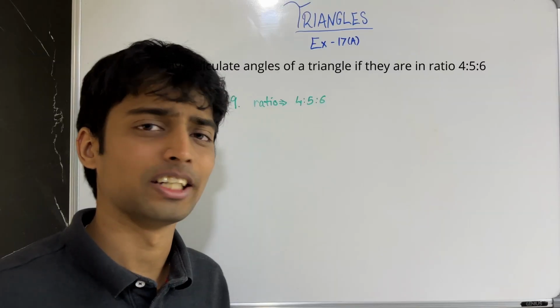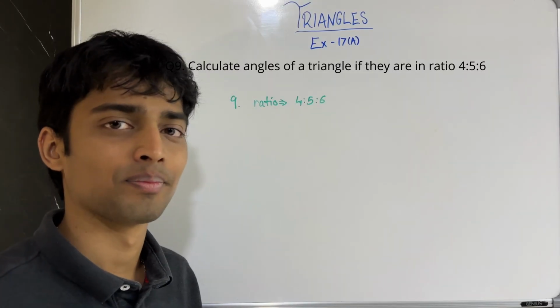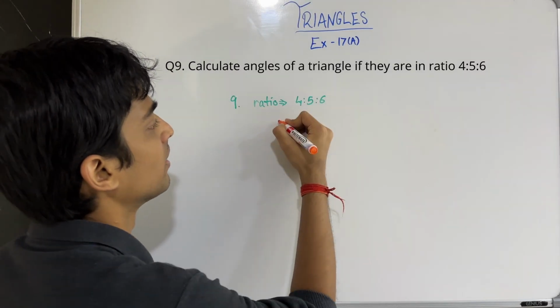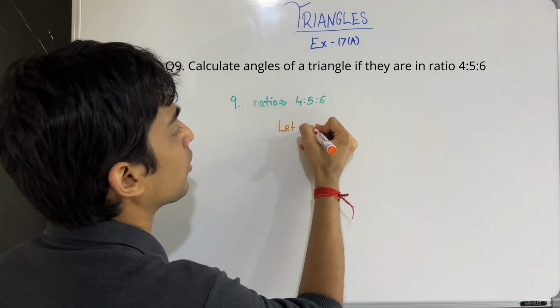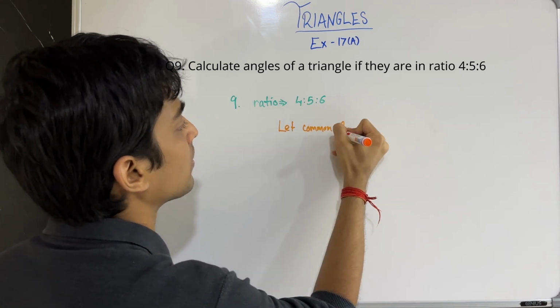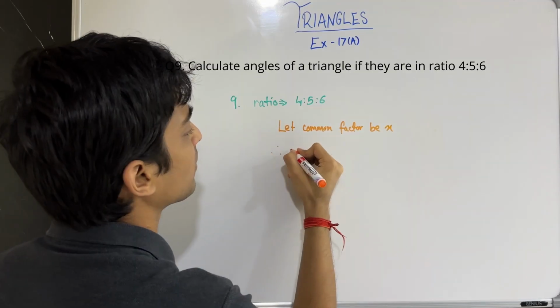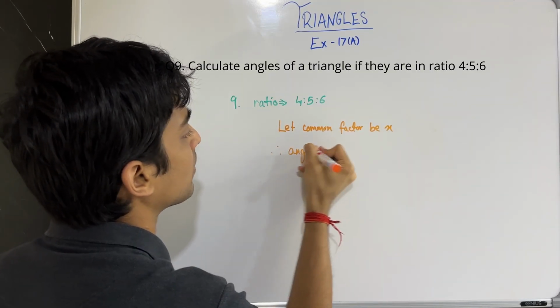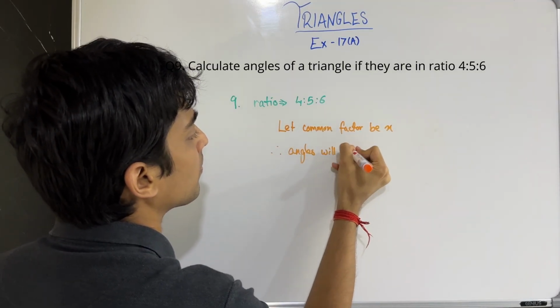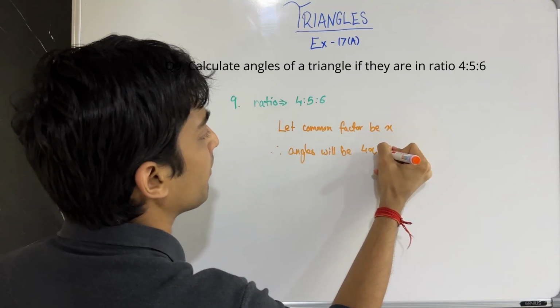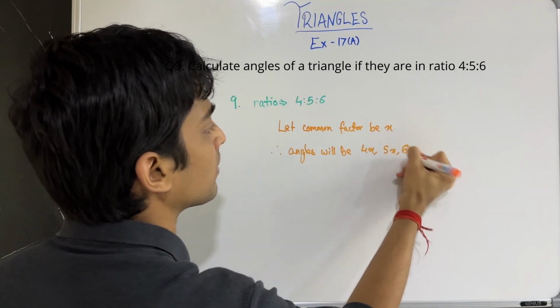The angles are in the ratio 4:5:6. So we can write, let common factor be x. Therefore angles will be 4x, 5x, 6x.